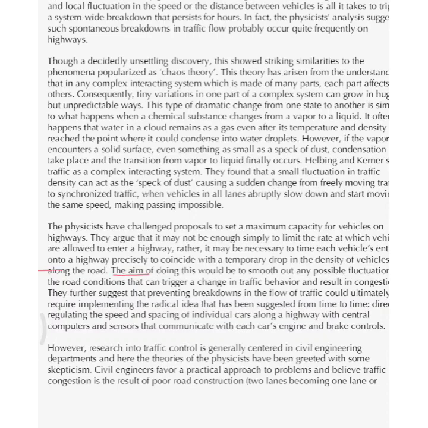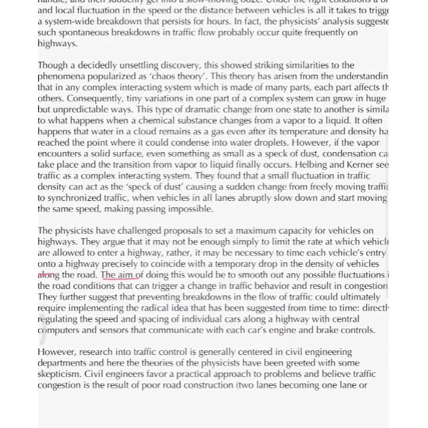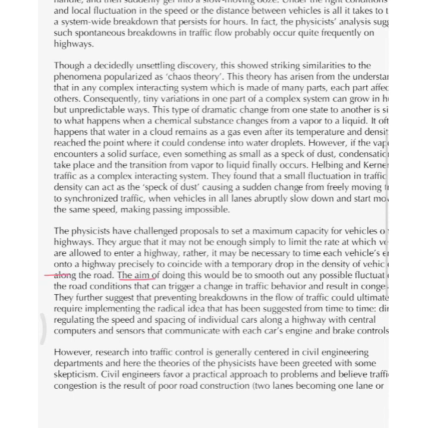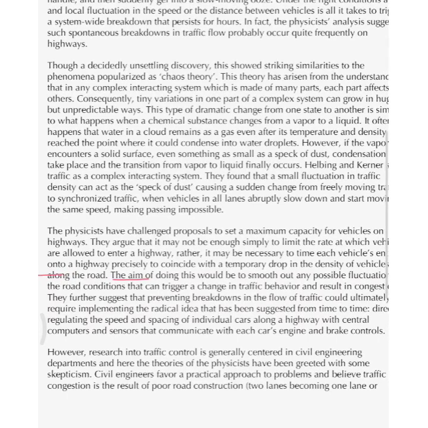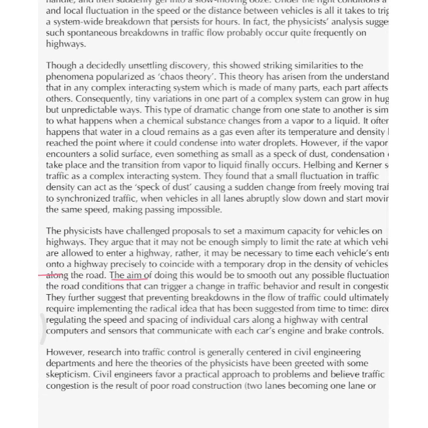So they further suggest that preventing breakdowns in the flow of traffic could ultimately require implementing the radical idea that has been suggested from time to time: directly regulating the speed and spacing of individual cars along a highway with central computers and sensors that communicate with each car's engine and brake control.